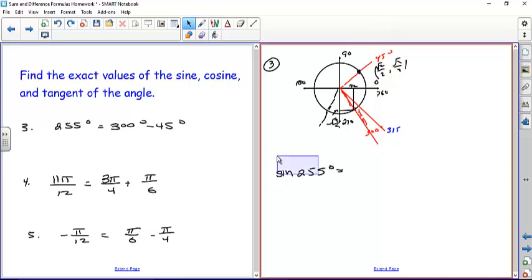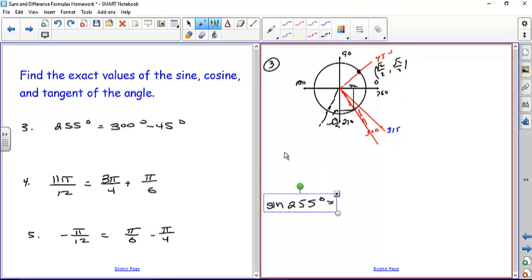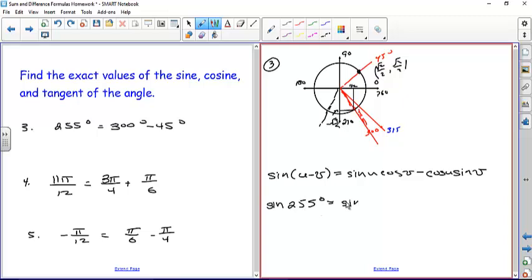So which formula do I use? Let's write that down. The sine of u minus v is the sine of u cosine of v minus the cosine of u sine of v. So since I'm breaking this up, it's going to be the sine of 300 degrees cosine of 45 degrees minus the cosine of 300 degrees times the sine of 45 degrees.